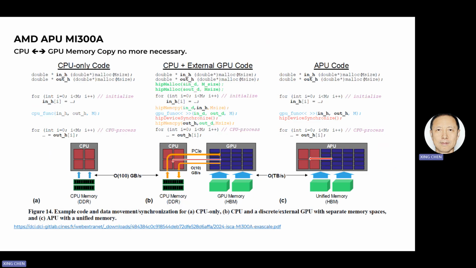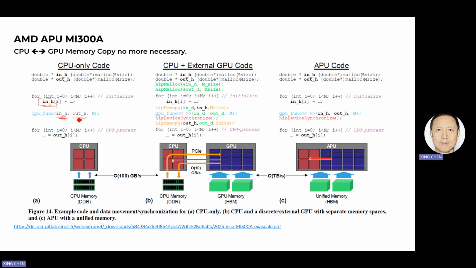Okay, let's have a look at what the benefits are for the programmers. If you are doing only computing with the CPU, and you have to work with some data in the host memory, this is called in_h, where h means host. You have a function that works with this variable, and you are going to have some output.